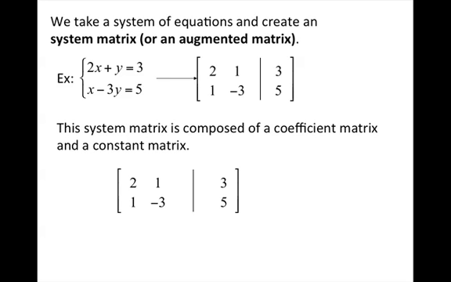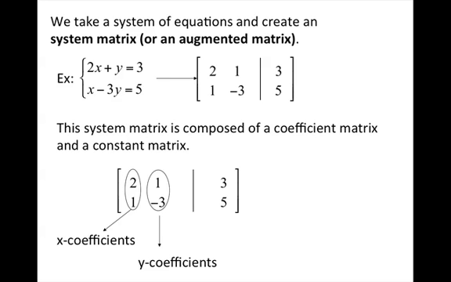Well, let's look at these elements. The system matrix is composed of a coefficient matrix and a constant matrix. The 2, 1 in row 1 and the 1, negative 3 in row 2 were coefficients for my x's and y's. The 2, 1 were my x coefficients, and column 2, which is 1, negative 3, were my y coefficients.